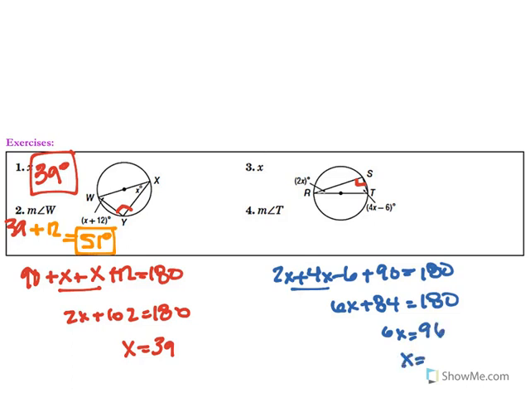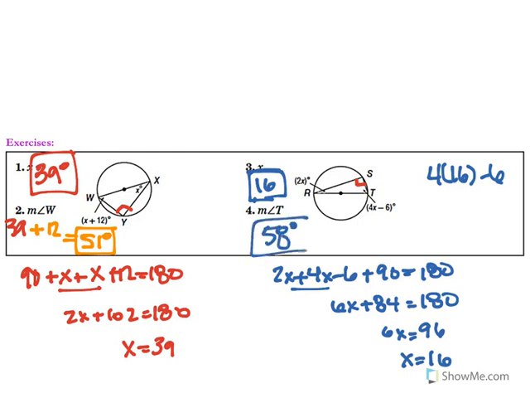Divide by 6, x equals 16. I looked too far ahead, my fault. x equals 16, and then it asks for measure of angle T. I can plug in 16 for x to get T. So I'm going to do 4 times 16 minus 6, and that's going to be 58 degrees. Again, you can plug and chug if you want to check.